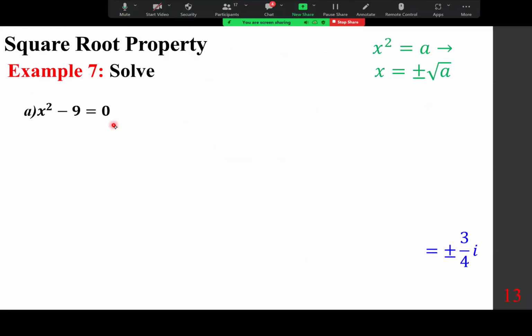X squared minus 9 is 0, so we're going to use the square root property. By the way, whether they say what property to use or not, if they ask you to solve, you always go with the easiest possible method. In this case, even if they don't say that, quickly you move the negative 9, make it positive 9, and x is plus minus square root of 9 or plus minus 3.